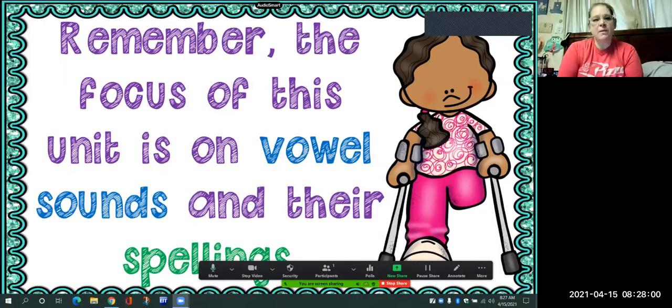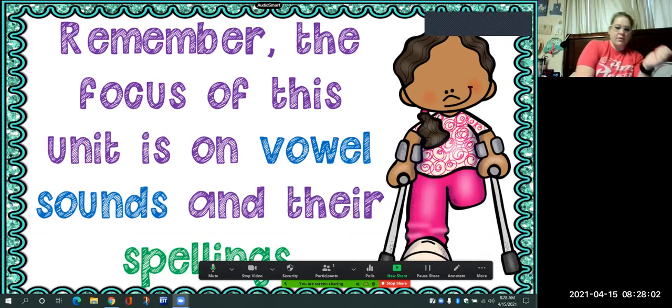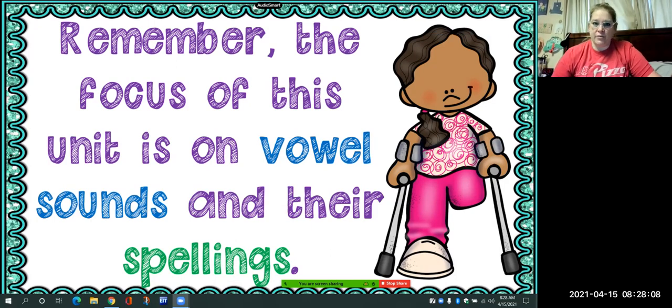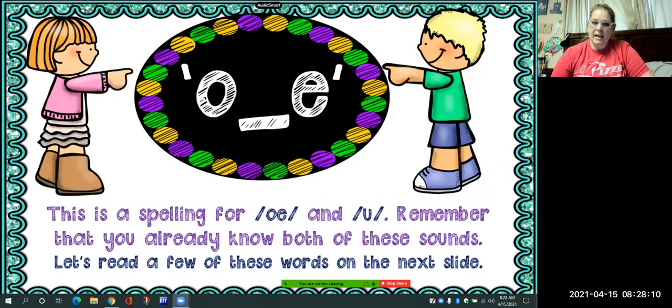All right, so remember that the focus of Unit 5 has been on vowel sounds and the spellings of those vowel sounds. And this is a spelling for O and sounds. So remember, we've already learned both of these. So let's review a few of these words together.